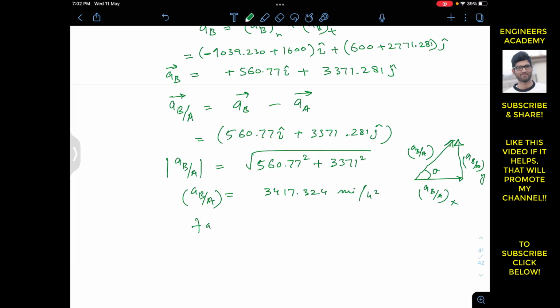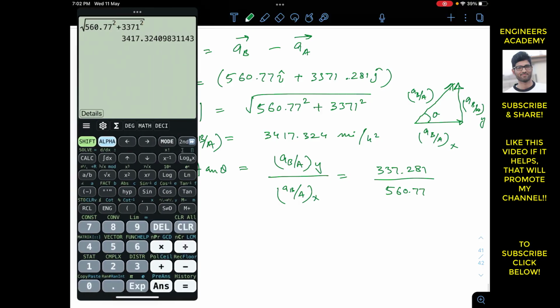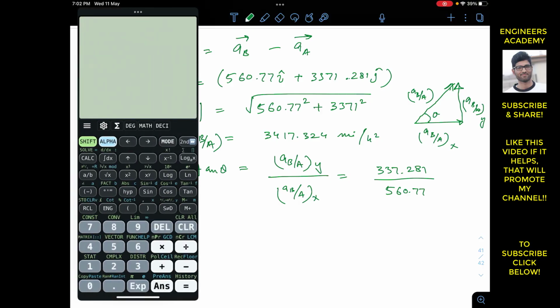By tan theta we can write that tan theta is equal to the acceleration of B with respect to A, the y component divided by the x component. Now the y component is 3371.281 divided by the x component, which is 560.77, and if we take tan inverse we will be able to find the angle of the acceleration of B with respect to A with the horizontal.